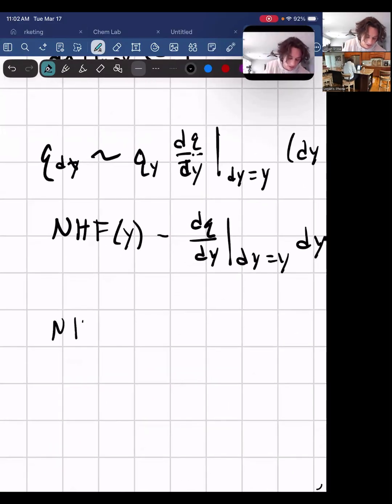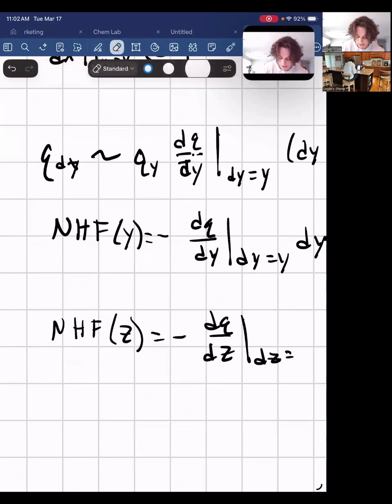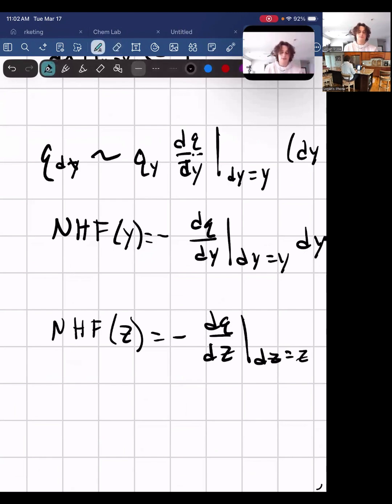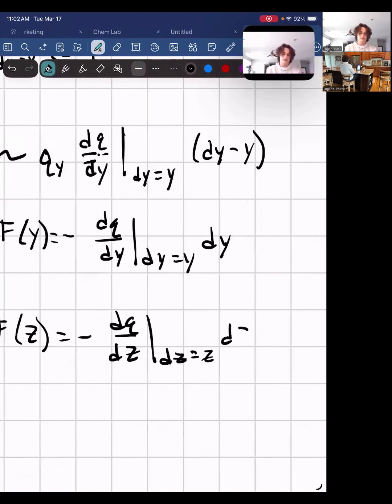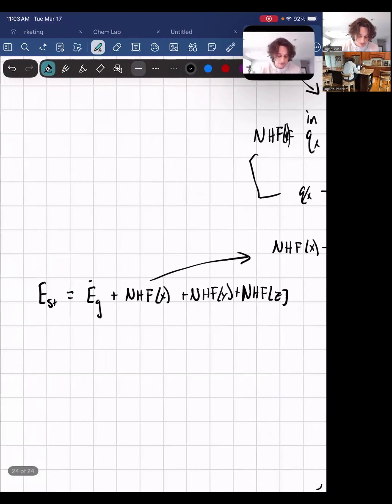I won't go out and do that, but it is just minus dq/dz, evaluated at z plus dz, right? So these are all basically the same, just throughout the different directions.